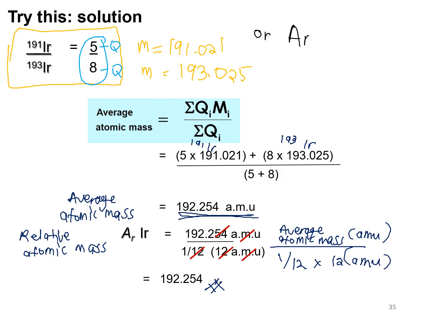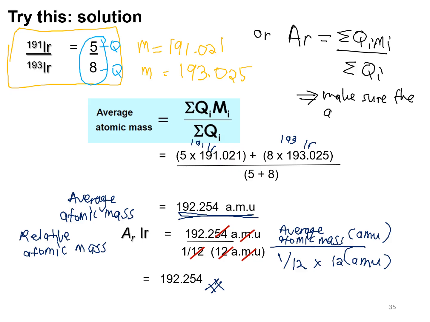Relative atomic mass is equals to summation of KiMi over summation of Ki. Tapi kena make sure the answer is unitless.